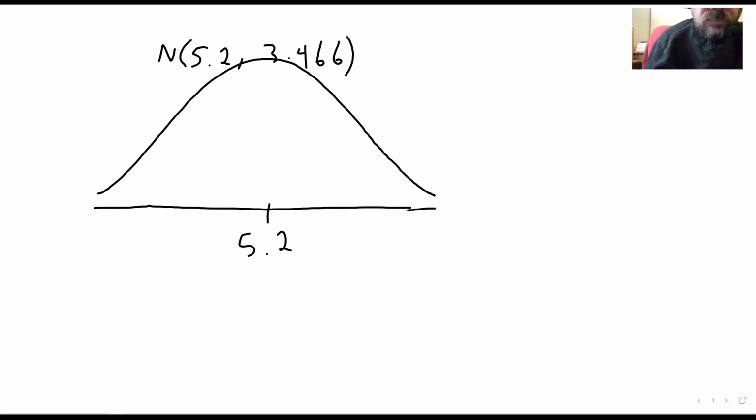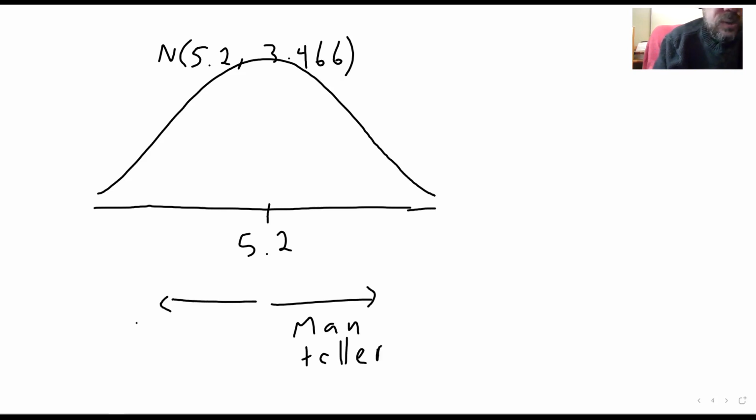And let's label this side: man taller. And this side: woman taller, or I guess less short. Less shorter is probably not the appropriate way to say that, but that's kind of what it means, right?